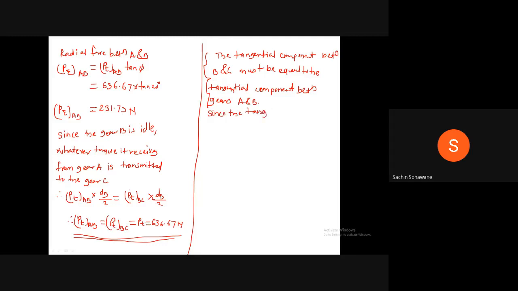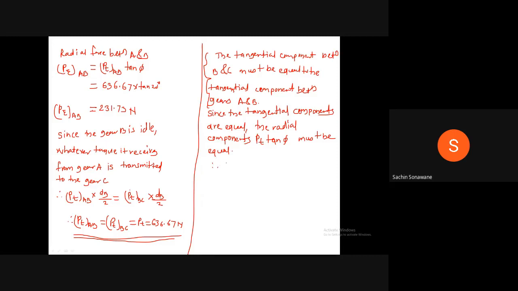Therefore, since the tangential components are equal, the radial components, that is PT tan phi, must also be equal.